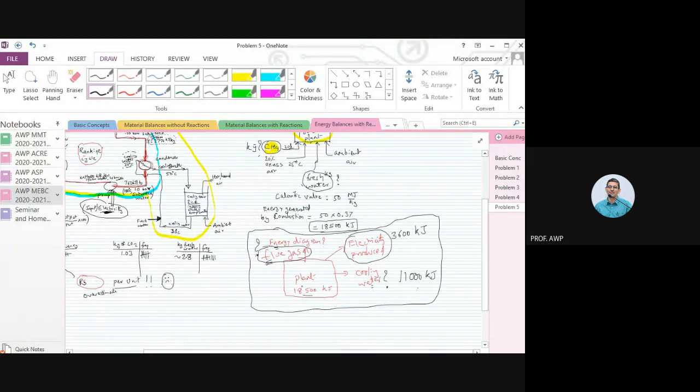Out of this 18,500 that has been generated, only 3,600 is going as electricity. A huge amount is going in this cooling water.